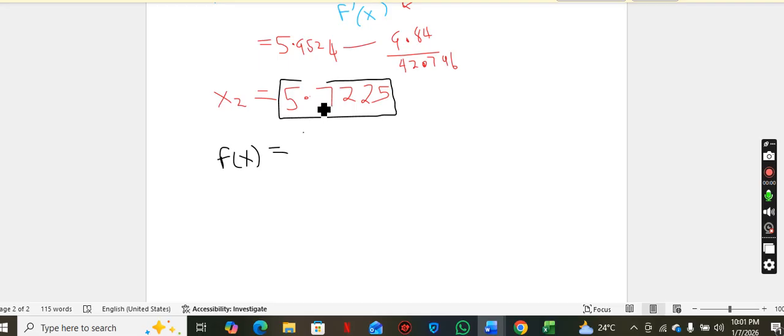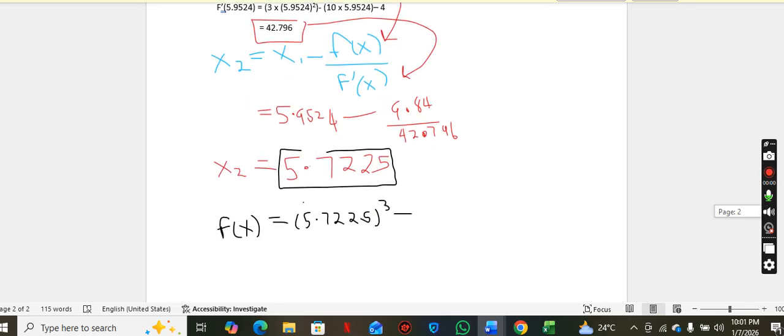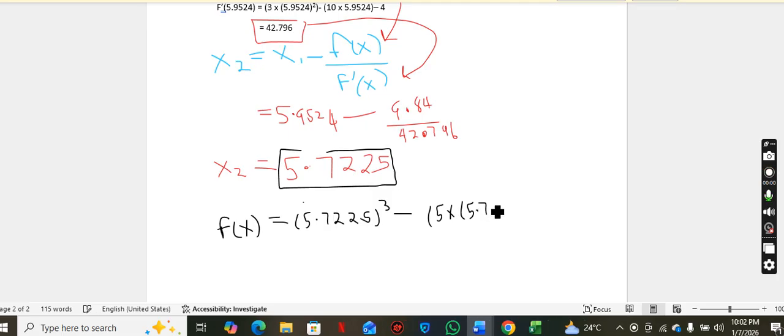Since we're substituting x with 5.7225, you say 5.7225 cubed minus 5 multiplied by 5.7225 squared, minus 4 times 5.7225.